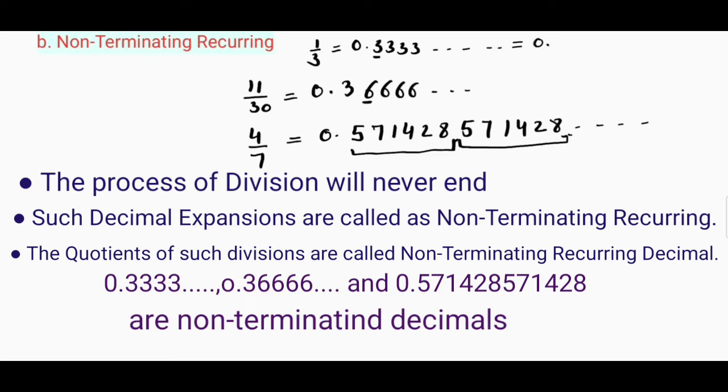Like 0.3, I can write this as 0.3 bar, means 3 is repeating again and again. Similarly here 0.36 bar, this digit 6 is repeating. So this I can write as 0.571428 with a bar, means this set of digits is repeating again and again here.